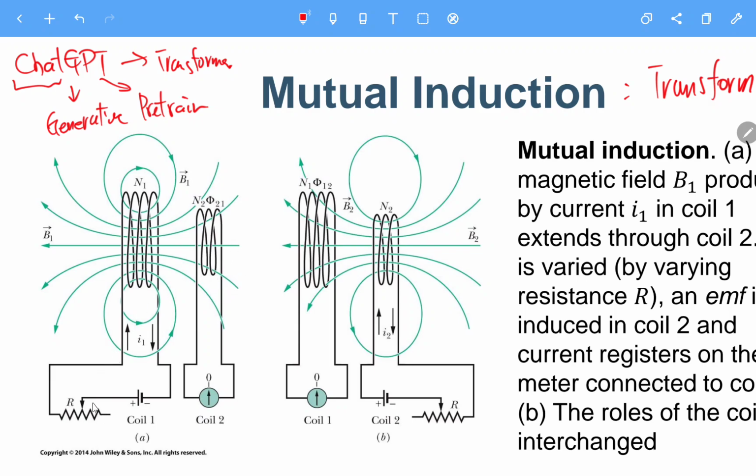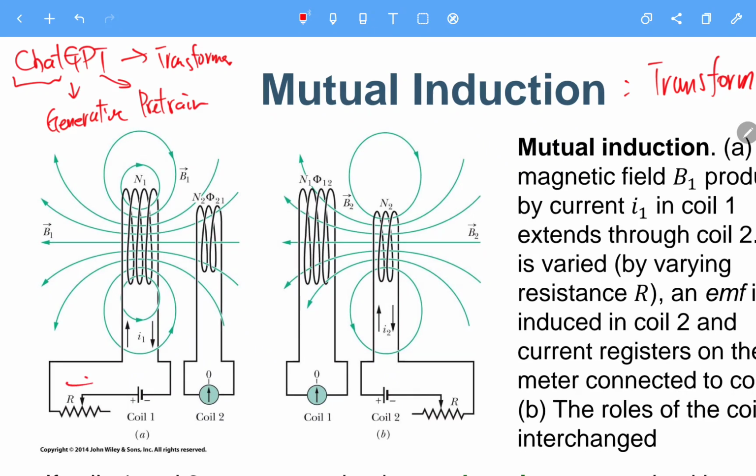So here we make it slide left and right, which means the resistance varies from small to large and back and forth, so the current will be changing. As the current changes, the B field generated by this inductor also changes, so the magnetic flux is changing, and then there will be EMF.